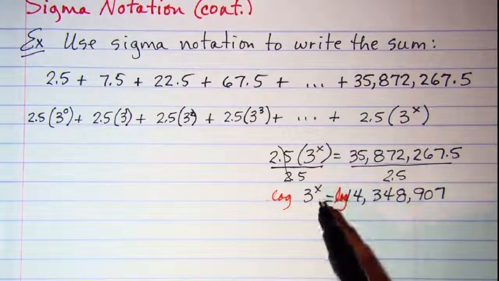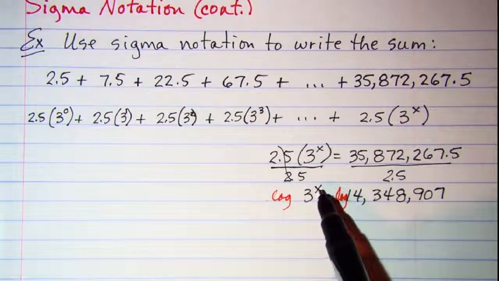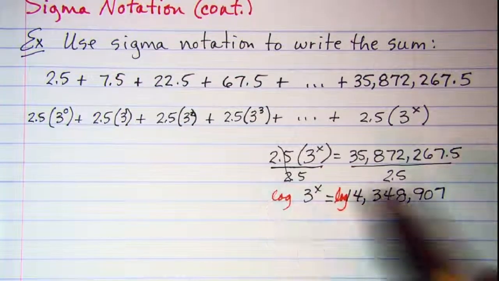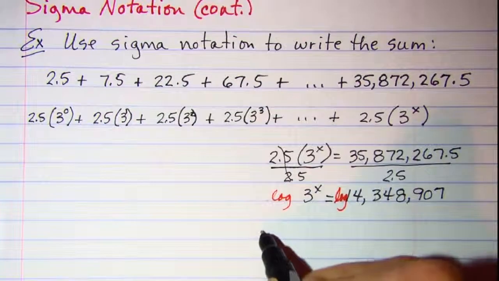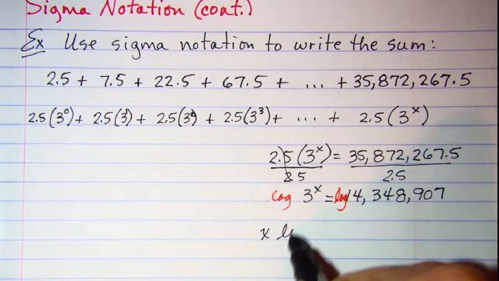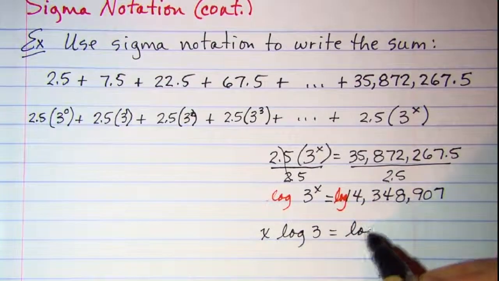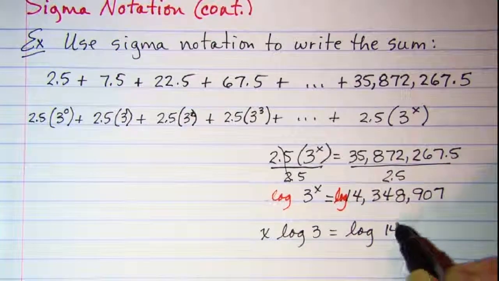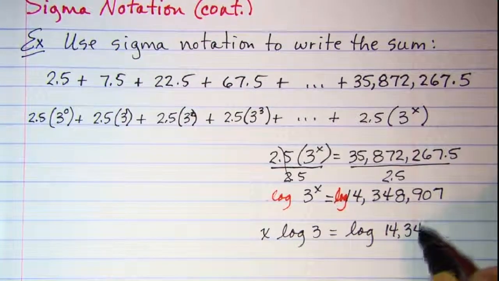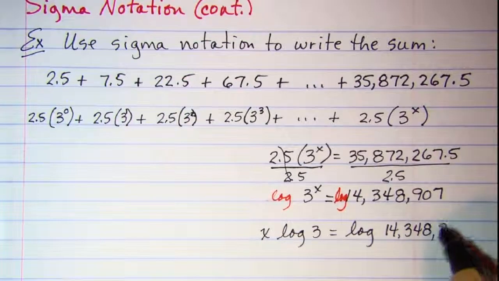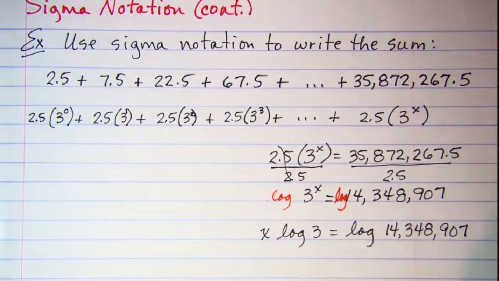And our rule for logarithms says that I can take this exponent out in front of the logarithm. So this is x times the log of 3 equals the log of 14,348,907.